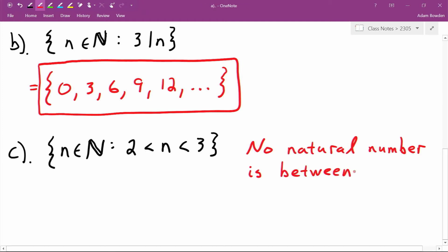Or in other words, no natural number is between 2 and 3, not including the numbers 2 and 3. So this set defined by these conditions would just be empty, so we call it the empty set. And we just use this notation to denote the fact that it's equal to the empty set.